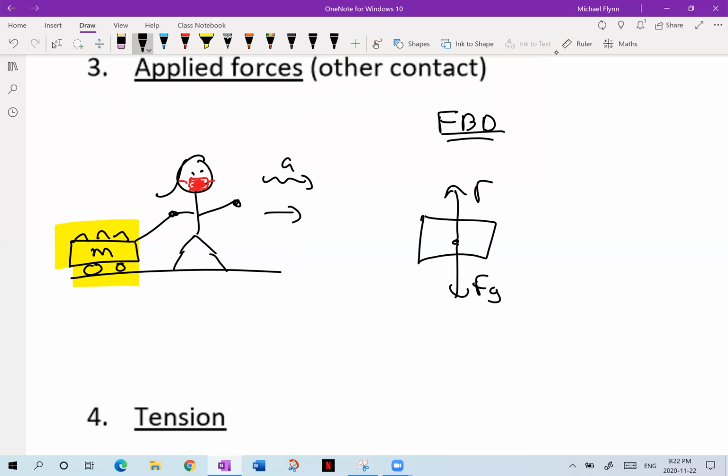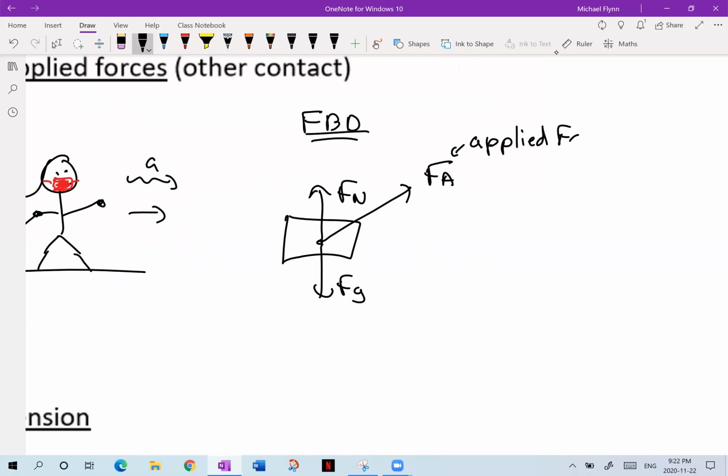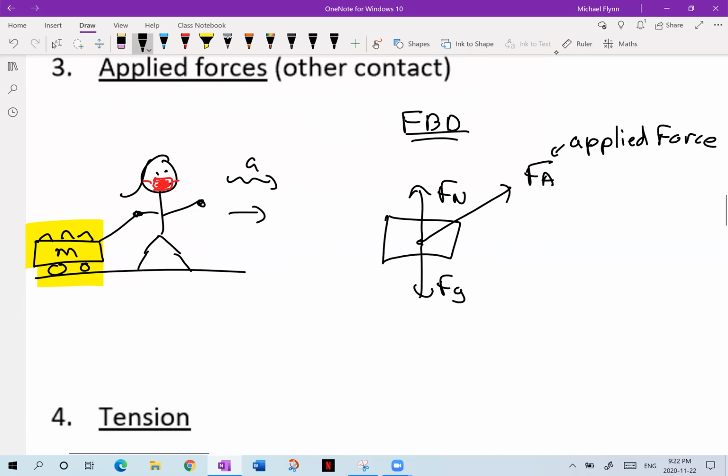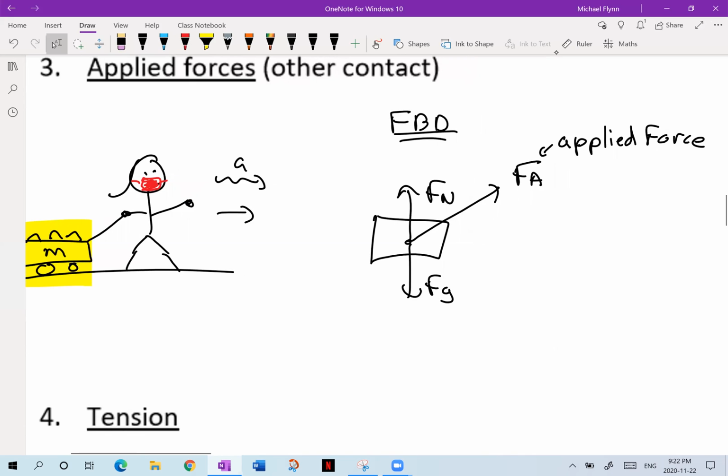And we know there's a normal force because it's sitting on the floor, and so that will exert an upward force. But she is pulling on it. We call that pull the applied force. In other words, she's exerting a contact force that's applied to the object, in this case, the handle of the object, that is pulling it forward. And of course, we would put the acceleration in the x direction like this.